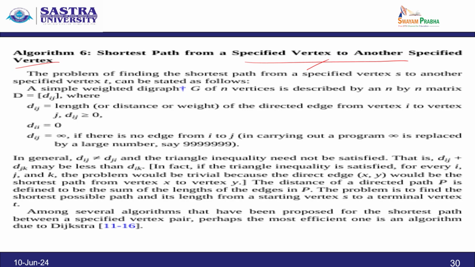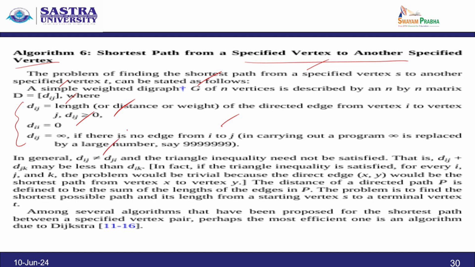A simple weighted digraph G of n vertices is described by an n cross n matrix D equal to dij, where dij is the length, distance or weight of the directed edge from vertex i to vertex j, and is positive. If dij is infinity, there is no edge from i to j. So, this is the condition you have to use for the shortest path from one vertex to another vertex.